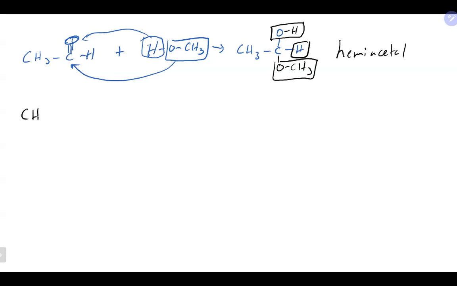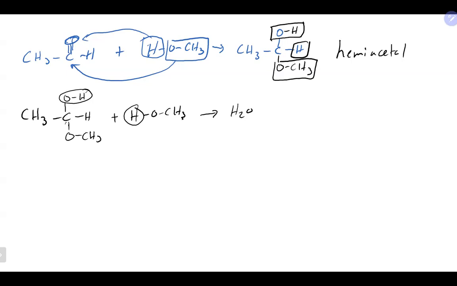Again, adding one more alcohol to this will take us all the way across to sort of the finish line, if you will. And at this point, this and this will come off to make water. And once again, everything here in the box stays exactly the same.